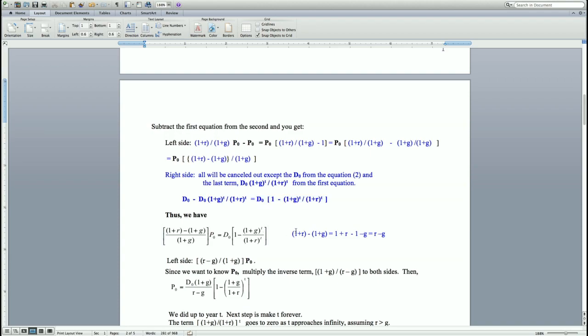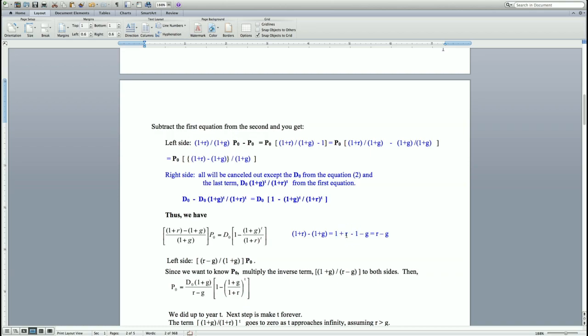And now we can simplify the left side in the bracket. 1 plus r minus 1 plus g. That's 1 plus r minus 1 minus g. Let's make one space. That equals r minus g. Okay. Because plus 1 minus 1 will be gone.